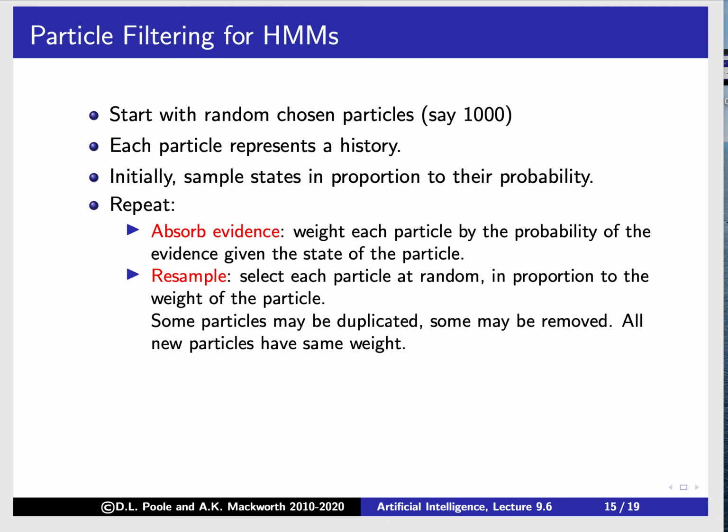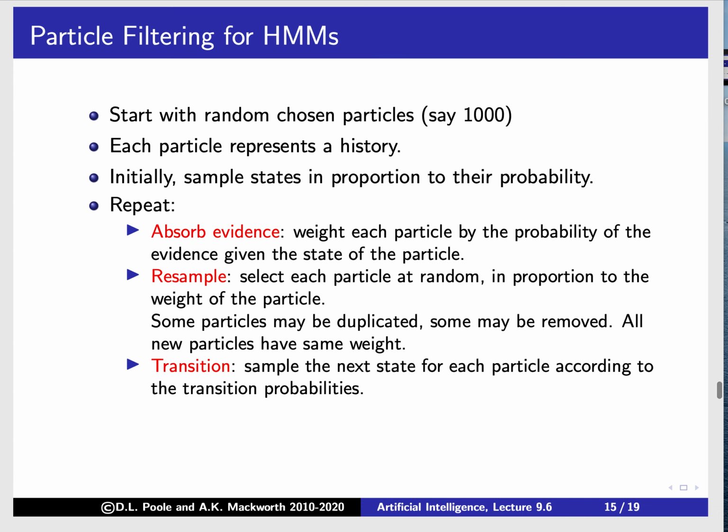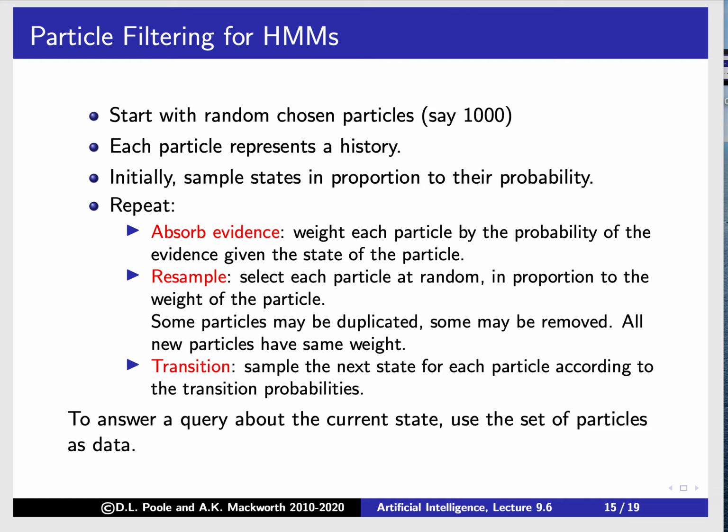Then we transition each particle to the next state according to the transition probabilities. To answer a query, to do filtering about the current state, we use the set of particles as our data, and again estimate probabilities from that data.